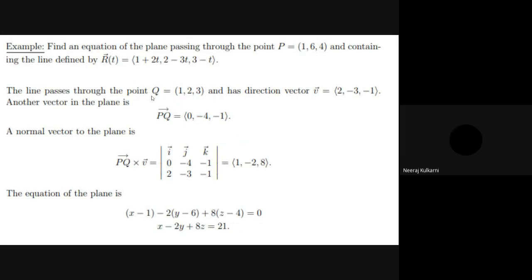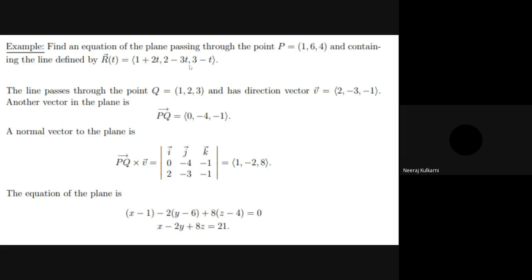We have an example. We are given a point P (1, 6, 4) that lies on the plane, and the plane contains the line (1 plus 2t, 2 minus 3t, 3 minus t).